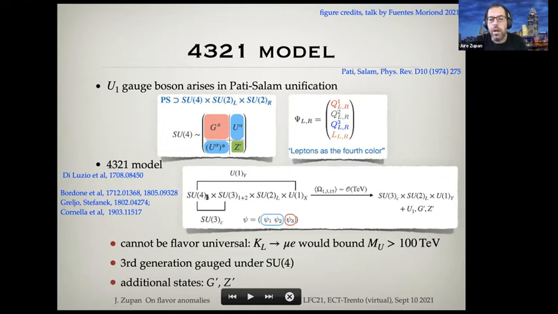And then you go through this series of breakings to the standard model. So in this breaking, at the TeV-ish scale, you get the U1 that you need for the anomaly, the color octets, the G prime, so the colorons, and the Z prime. So what you can now search for is all these gauge bosons.